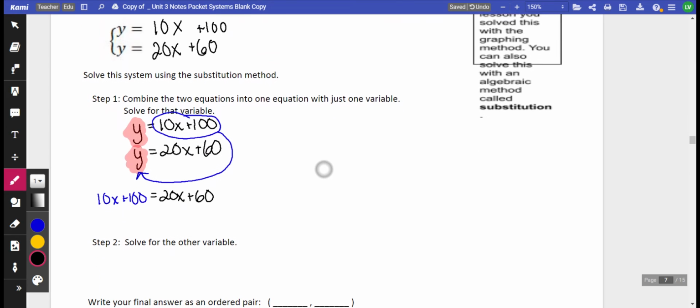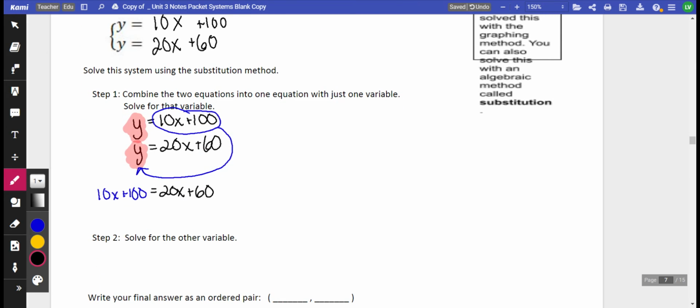So you'll notice in blue that my 10x plus 100 is replacing my y in the second equation. But you'll notice in black, my second equation is still 20x plus 60 on the right side. So we only have the x variable that's left. Therefore, we're going to solve it.